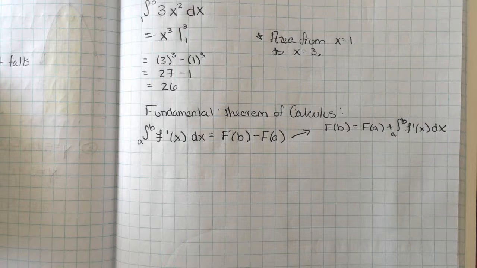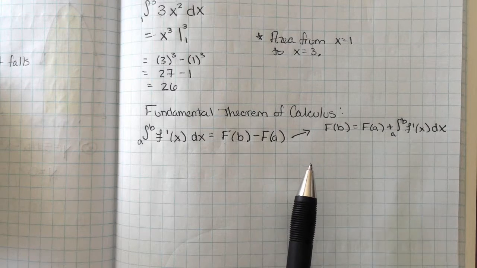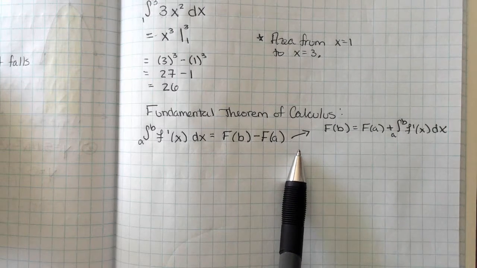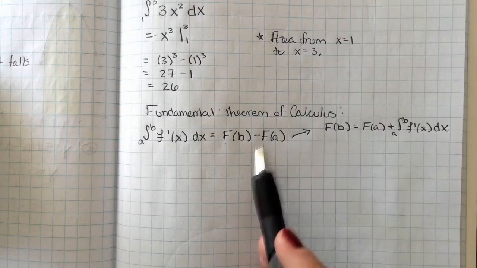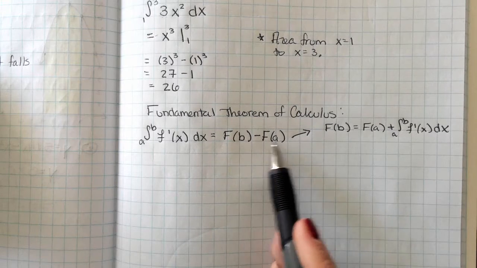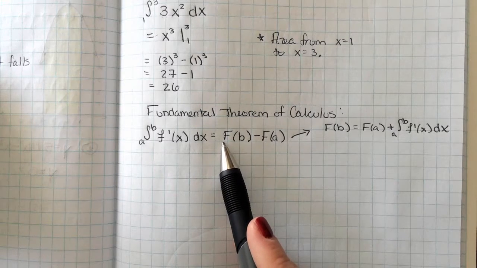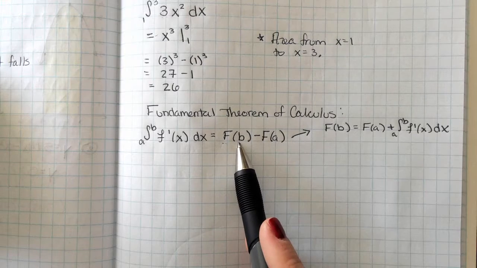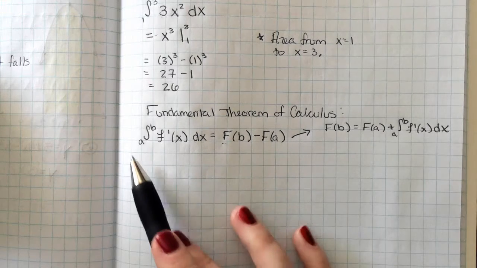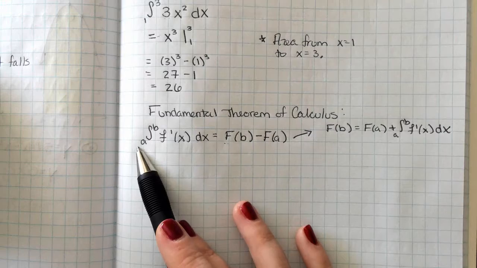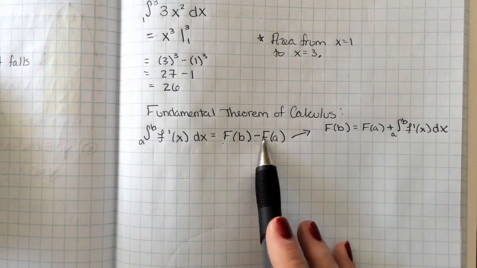Or, similarly, what if I wanted to solve for F of a? This takes a little bit more thought. If I wanted to get F of a by itself, what would you move? You move F of b by subtracting it, but there's a negative here, right?